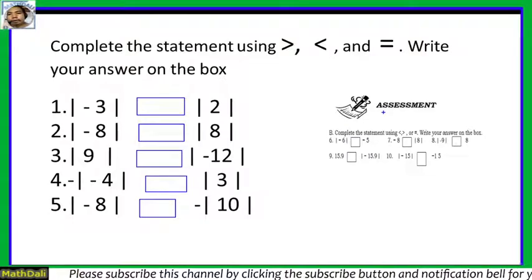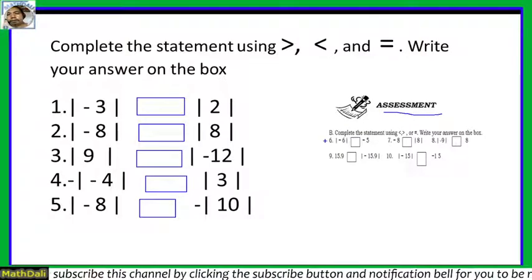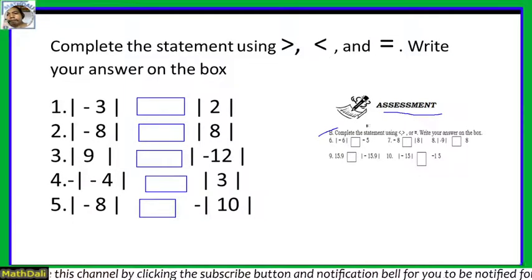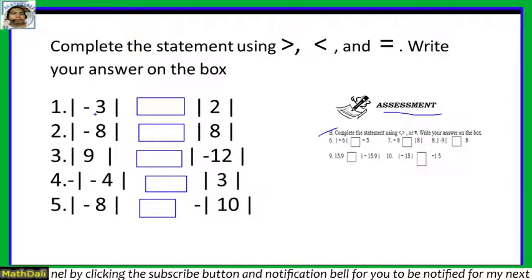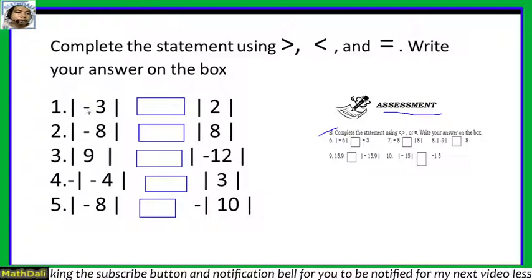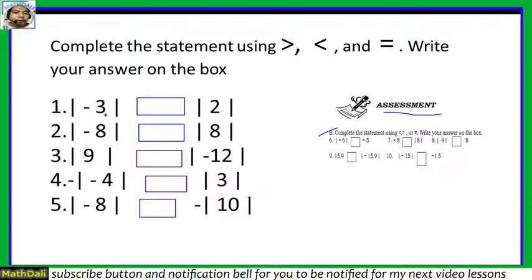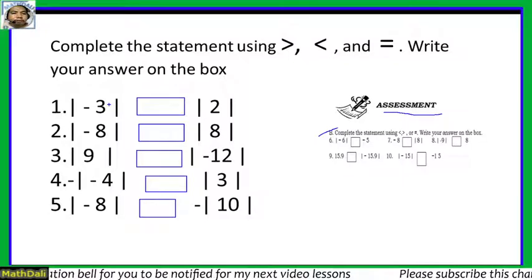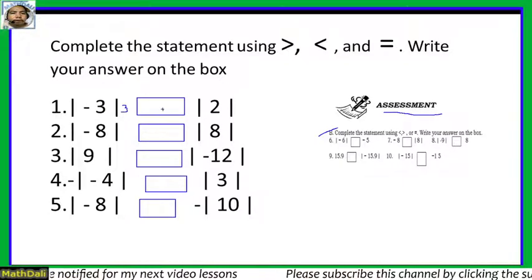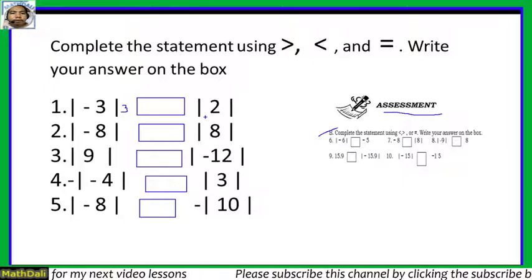So, ayan. Para sa assessment, letter B. Ganito yung gagawin ninyo. Okay, kunin muna natin yung absolute value ng negative 3. Gaano kalayo ito from 0? That is actually 3 units. Then we have absolute value of 2.